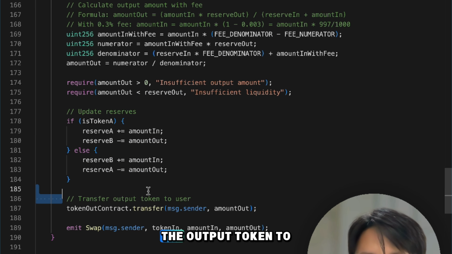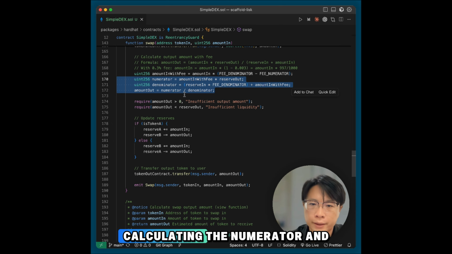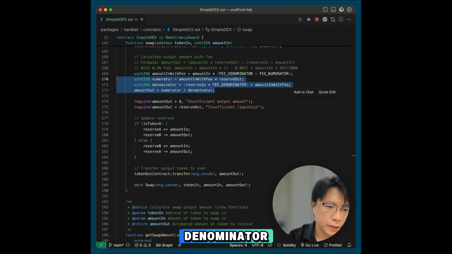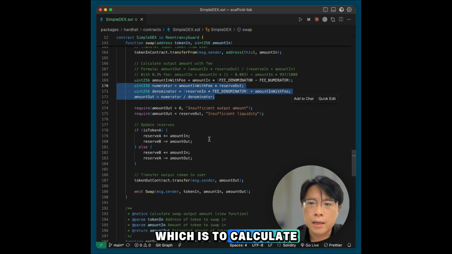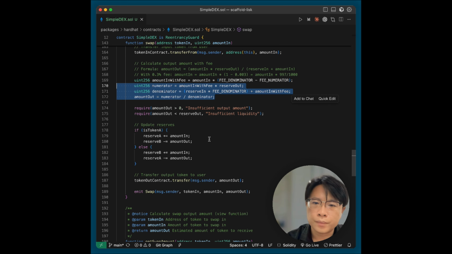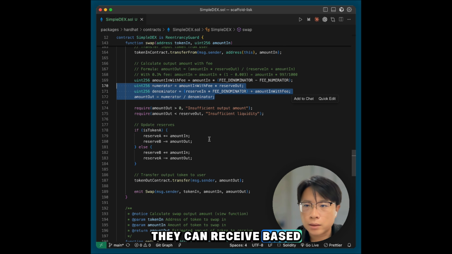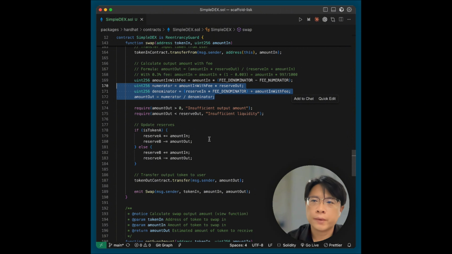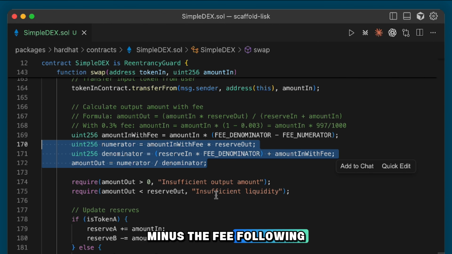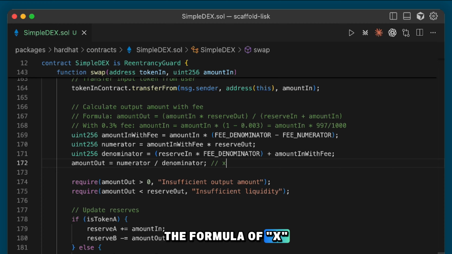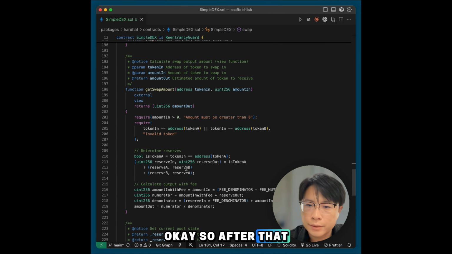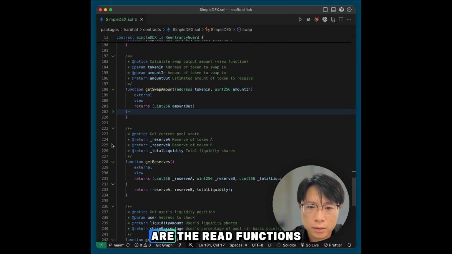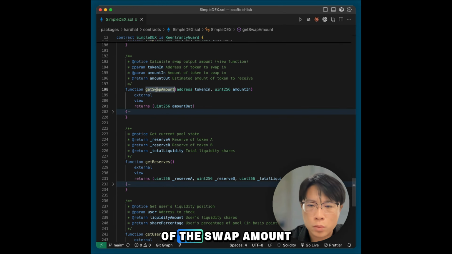The purpose of calculating the numerator and denominator is to calculate how much they can receive based on the amount that they input minus the fee, following the formula of x, y, and k. Sorry.